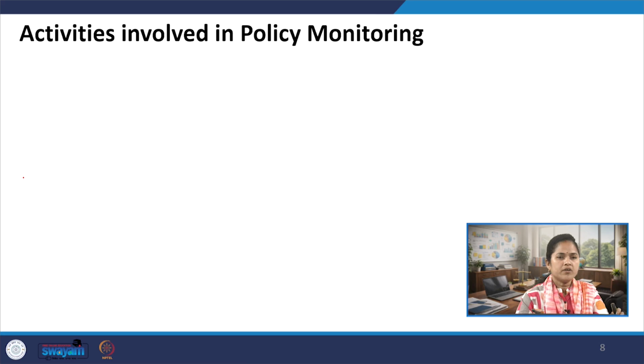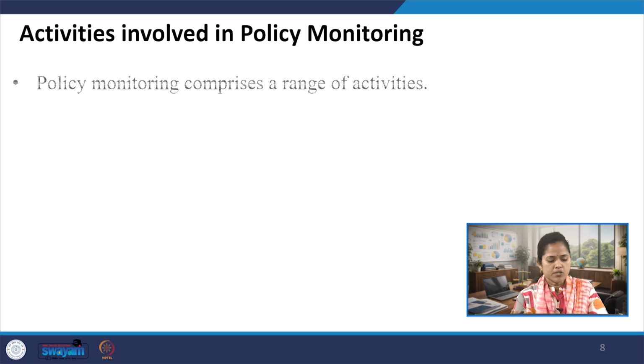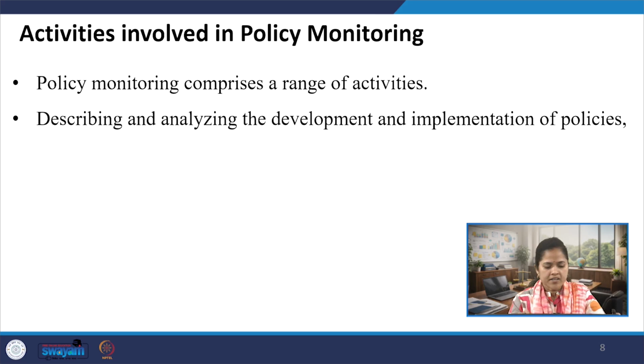Given this understanding, now we can move to understand what kind of activities are generally required for policy monitoring. Assume that you are a policy monitor of any specific development policy or welfare related policy. What are the general activities required? Since policy monitoring is a process, it comprises a lot of activities.